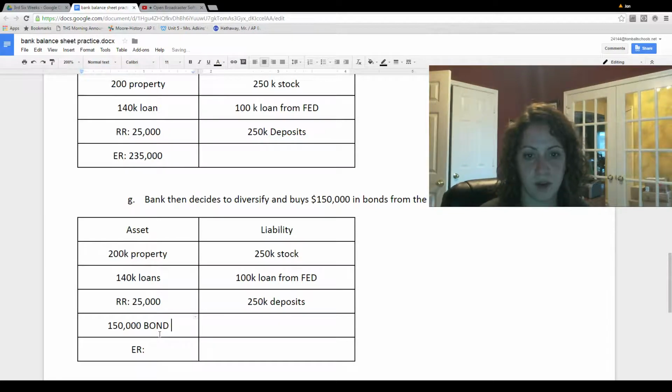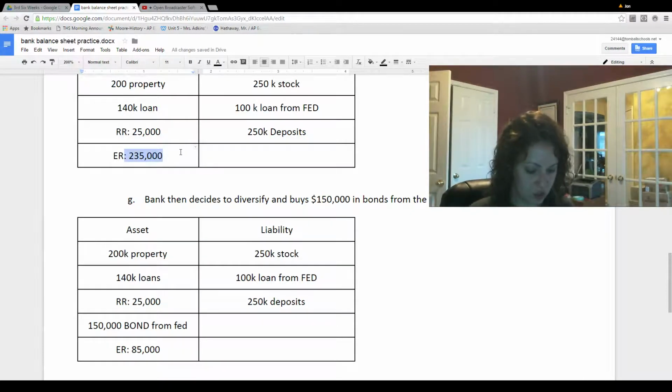So it's going to be bond from the Fed. And excess reserves is going to be whatever's left over, so $85,000, because that's 235 minus 150. If my Texas Tech math serves me well, 235 minus 150 is 85.